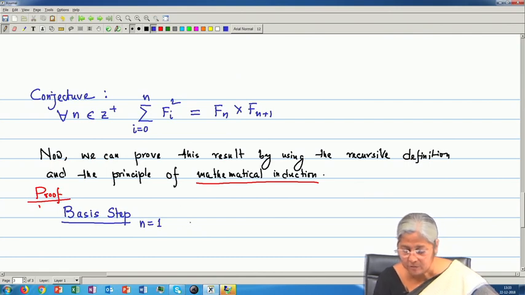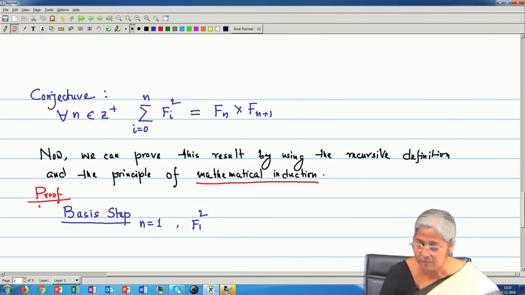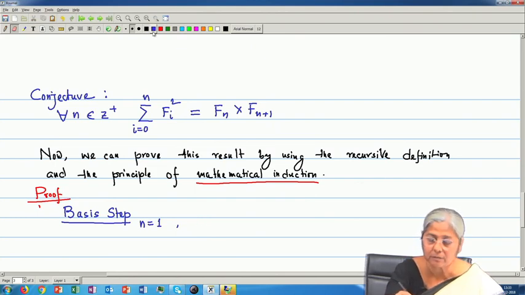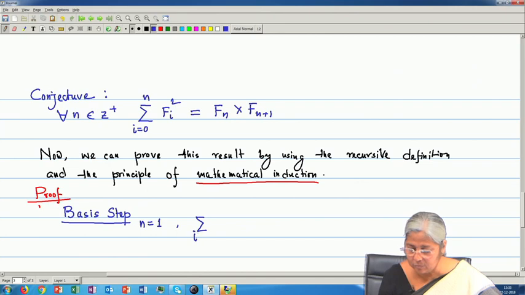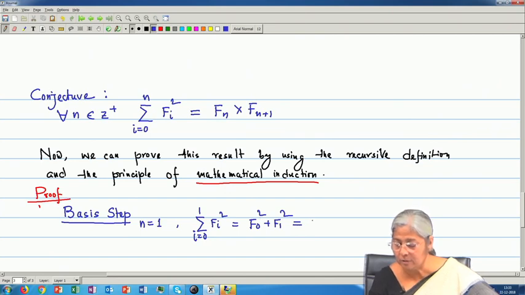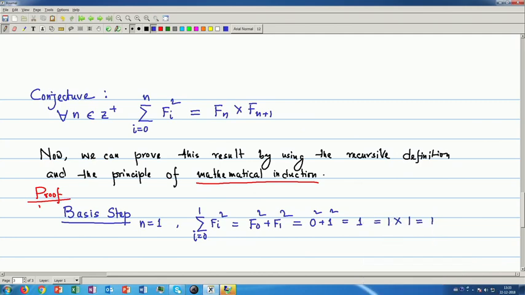Then the conjecture becomes, summation i equal to 0 to 1 f i square equal to f0 square plus f1 square, and from the initial conditions this is 0 square plus 1 square is 1, and that I can write as 1 into 1, which is f1 into f2, since we know that f2 is also 1.